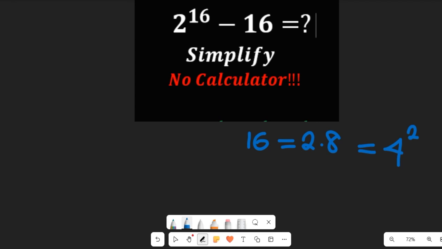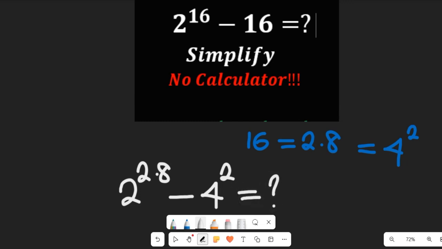So I can easily simplify all this by substituting this expression into all this. Now if I do that, in the next step, I'm going to have 2 to the power of 2 multiplied by 8 minus 4 to the power of 2, and this is going to give me what?